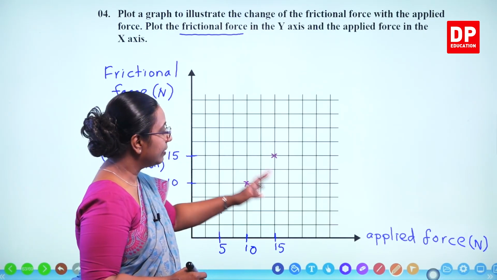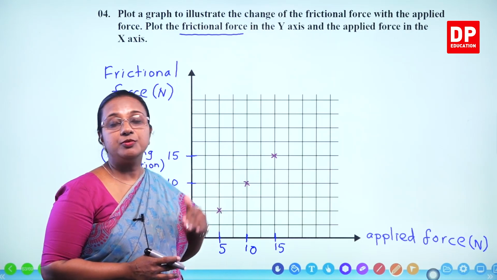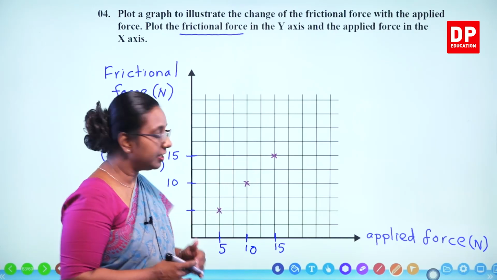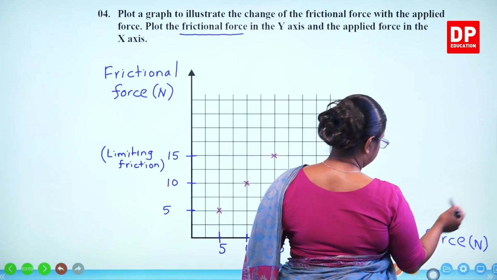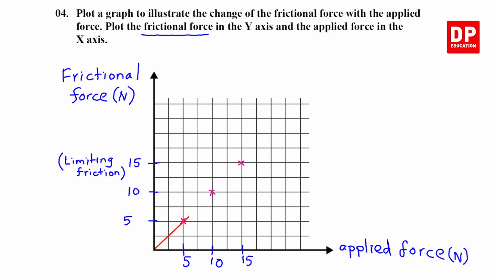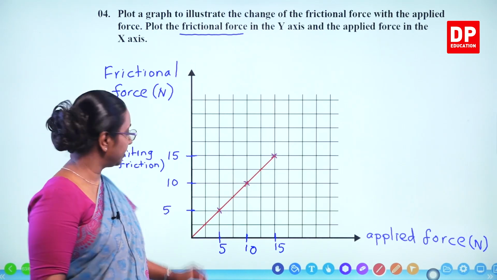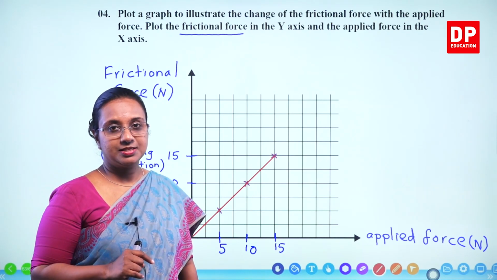So you can see when the applied force increases, frictional force increases up to the limiting frictional force. So it is a direct proportional relationship. I will connect these 3 points. Okay. So here students, you can see when the applied force increases, the frictional force increases up to the limiting friction. Thereafter what happens?